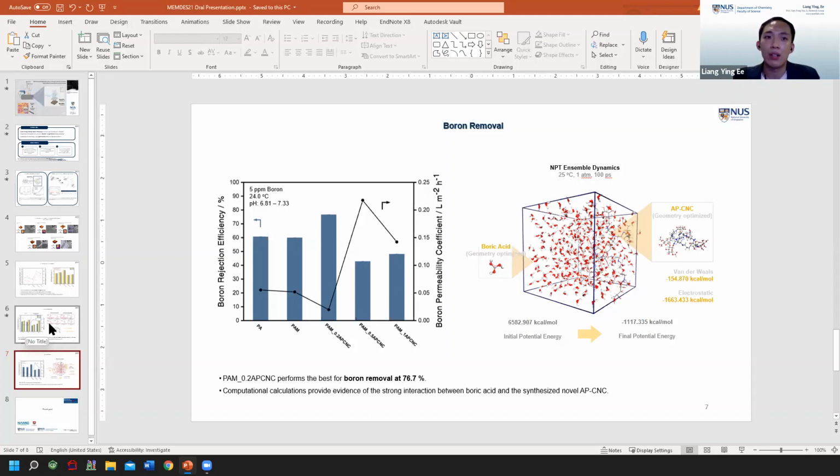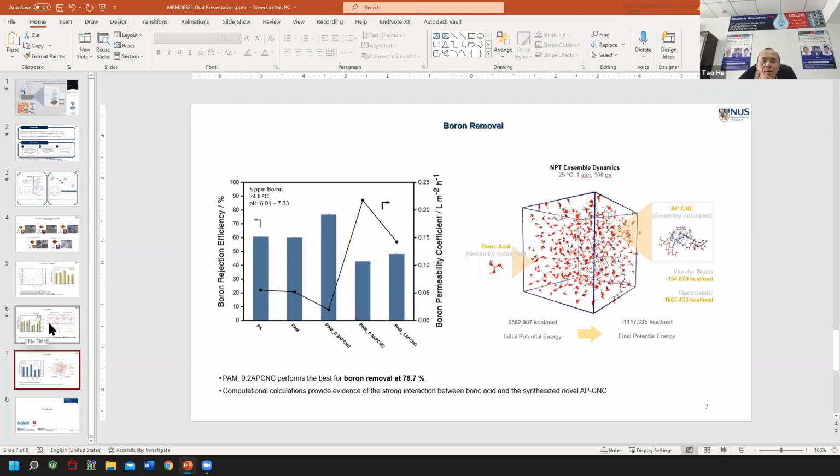So basically what I postulate for the removal of boron using this nanofiltration membrane is through two mechanisms. One would be complexation, and the other would be more of the physical rejection of the boron by minimizing the pore size of the polyamide layer. Okay. That's the logic.